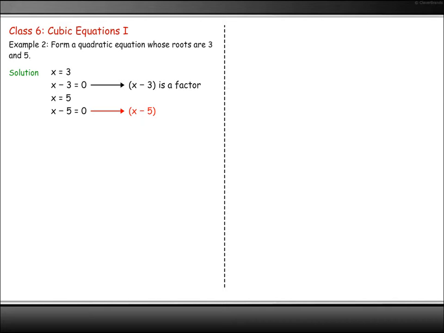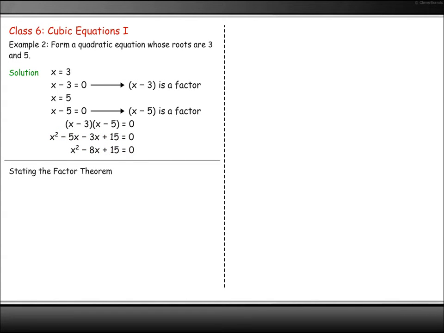So, x minus 5 is a factor. These 2 factors multiply together to give the quadratic. Multiply out the brackets. Tidy up, giving a quadratic equation of x squared minus 8x plus 15 is equal to 0.